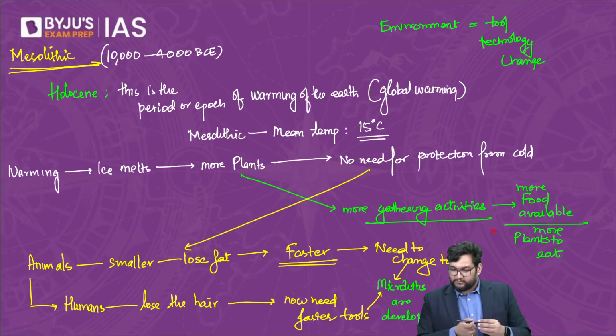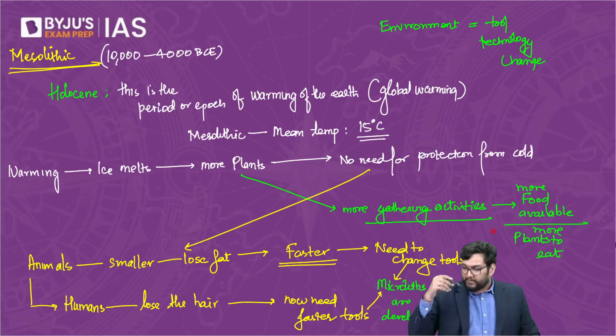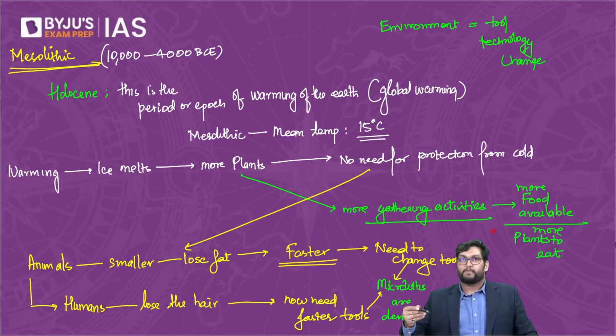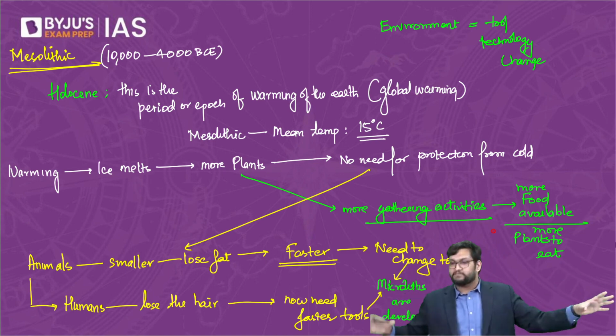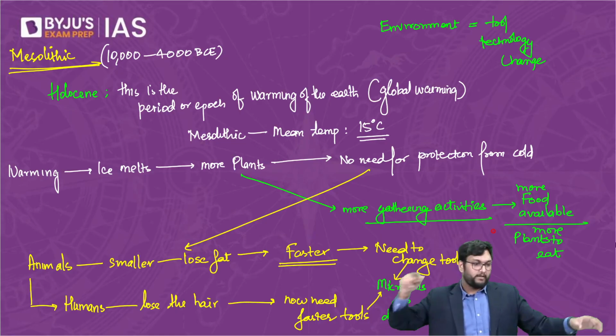If I develop the smaller tool and put it on a stick, then I can throw the stick. This is called problem solving. Inventions happen when necessity is there. That's why necessity is the mother of invention. So the invention of microliths comes in because there was a need to throw, and basically faster animals means faster tools.